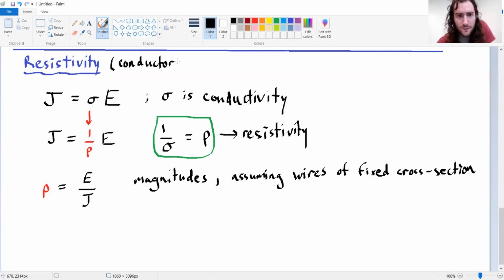You can think of non-conductors, in particular semiconductors and insulating materials, in terms of Ohm's law. For example, you could think of an insulator as a conductor with infinite resistivity or a very, very large resistivity, and that can be a model for an insulator.